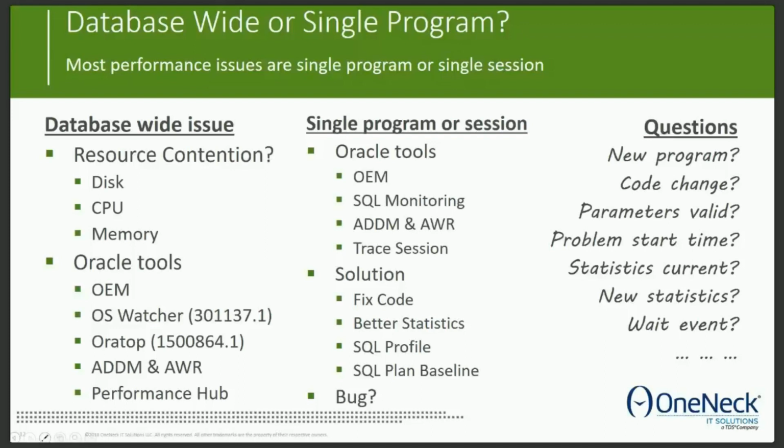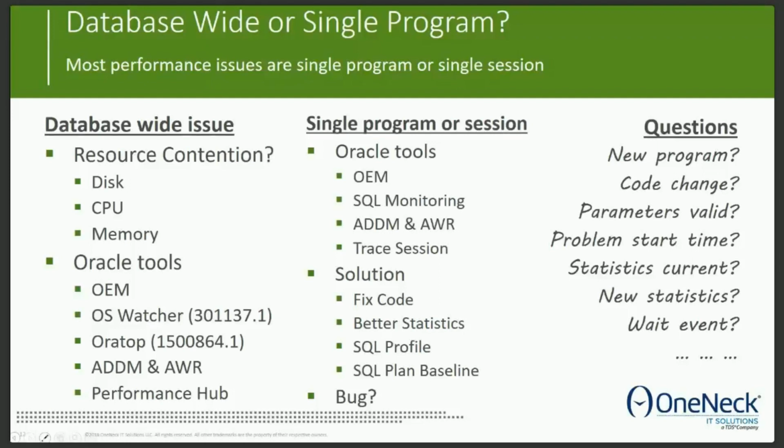But if it is a single program or single session or only a set of people having a problem, then again you could use OEM there as well, or you could use SQL monitoring, ADDM, AWR. The best method there is you trace the session and see what is going on. And the solution most of the time would be either it's a coding problem, so you need to fix the SQL, or you are missing statistics, or you don't have current statistics, so you need to collect statistics.